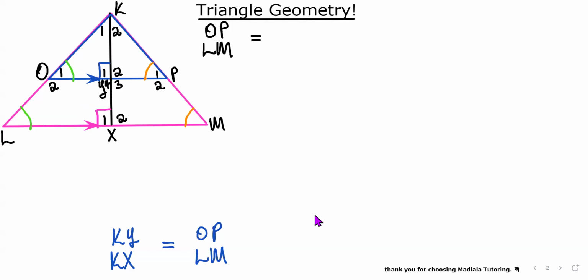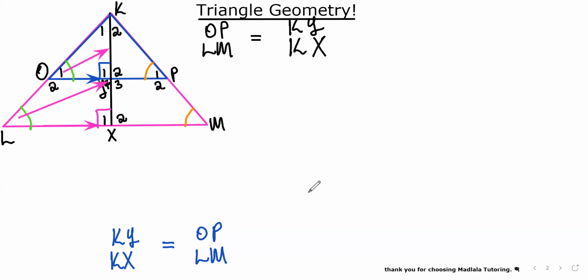Well, this is going to be the same as when I go to angle O1 and I say, well, those are the sides opposite those equal angles. In the smaller triangle, I'm simply going to have KY, but in the bigger triangle, I'm simply going to have KX. Yes, this is what I'm going to have.